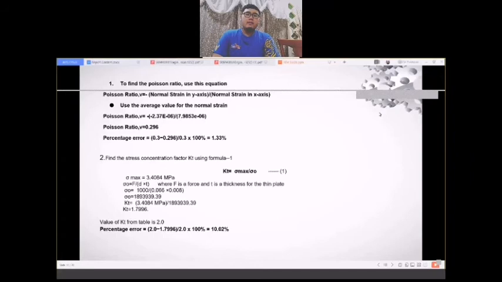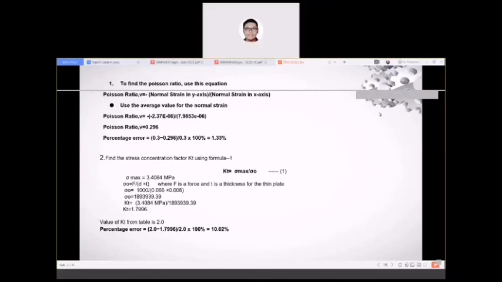And we can get the value of the stress concentration factor, 1.7996. And from the table, our KT is equal to 2.0. And then we calculate the percentage error, and we get 10.02%. Okay, next.